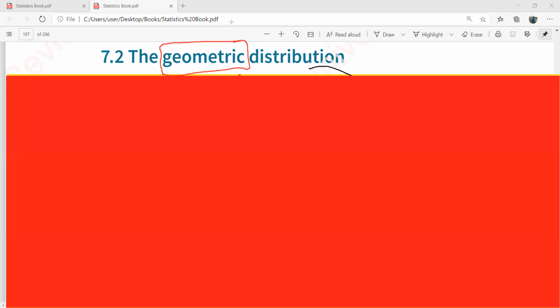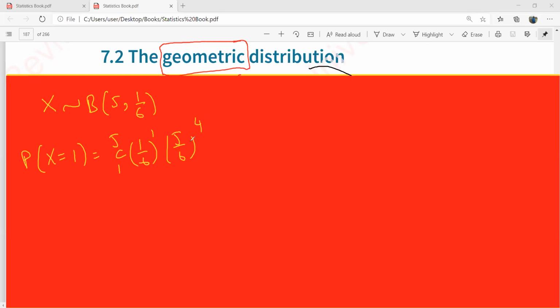Children, look, if you recall your binomial distribution, suppose you are going to toss or roll a die. Suppose X is binomially distributed with n equal to 5 and p equal to 1 over 6. We're going to study the number of sixes, and you have to find the probability that X equal to 1. So this is 5C1, 1 over 6 raised to power 1, and 5 over 6 raised to power 4.